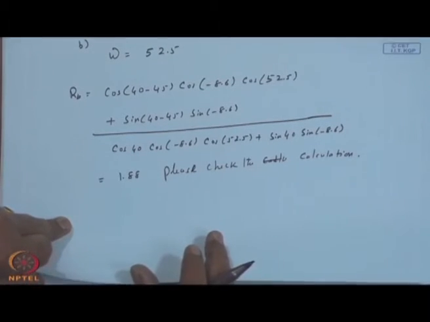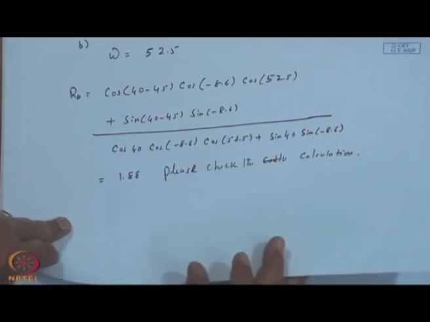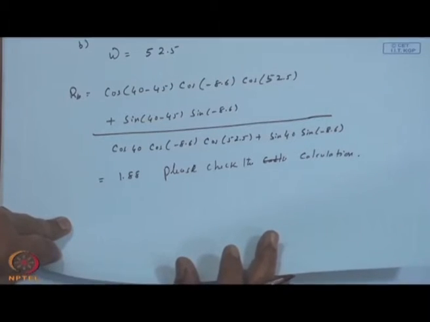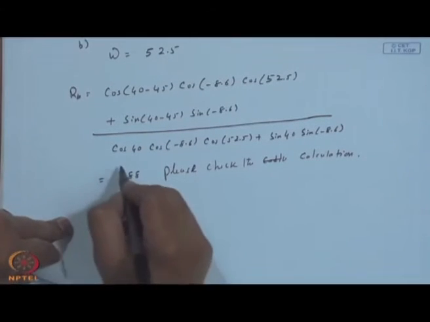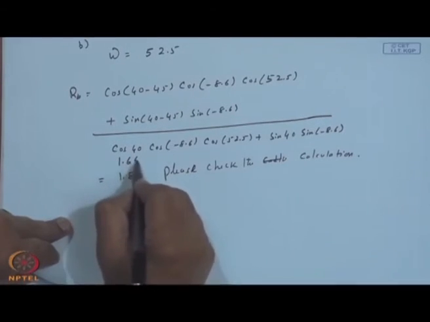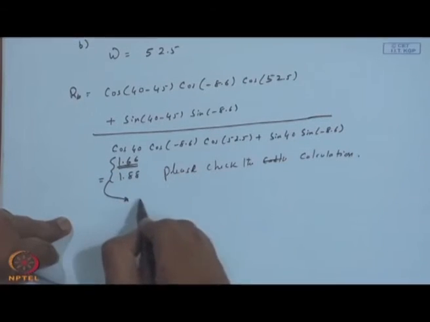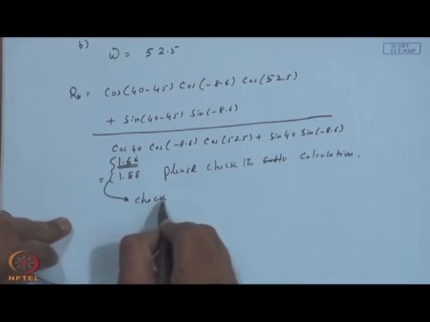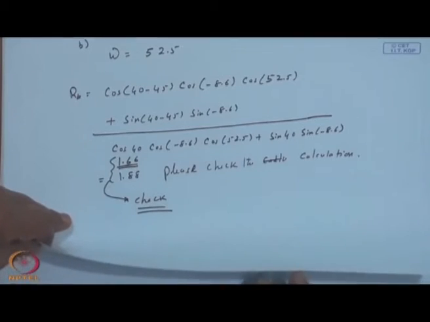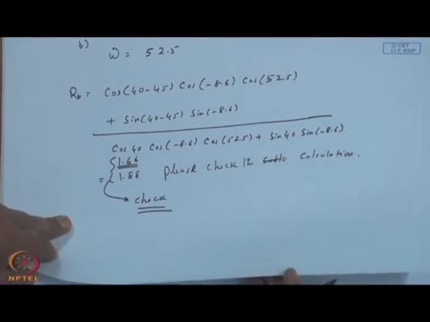Okay. All right, you just check it out. I also have a number here, 1.66. So, I will give you a clarification in the next class which one is the correct one, either 1.66 or 1.88.